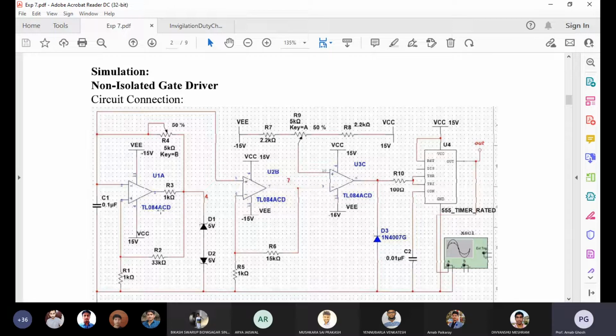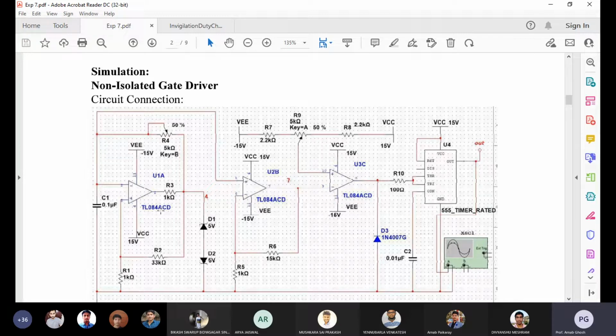So what we need to do is isolate our control circuit from the power circuit. From where are we going to isolate? You can just realize the basic structure of the system.